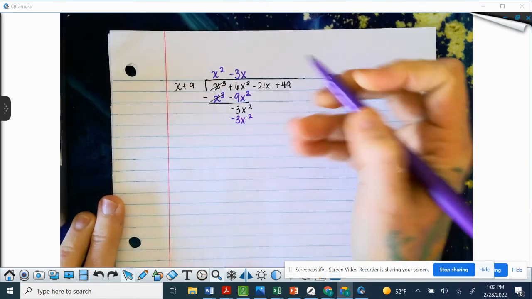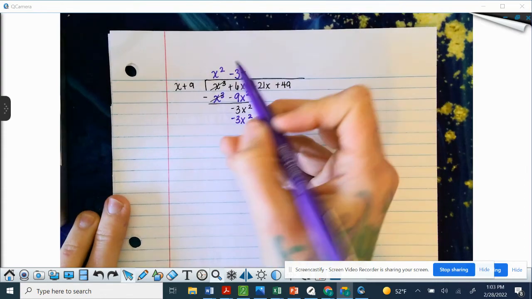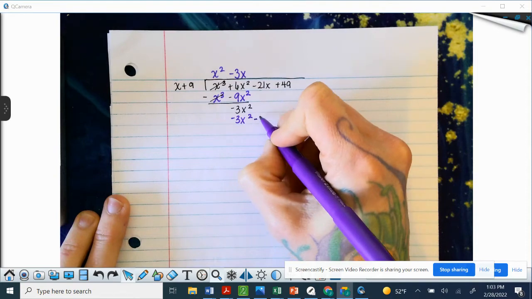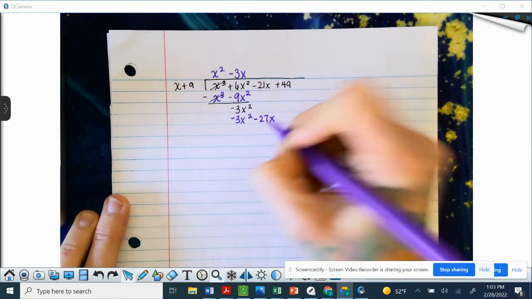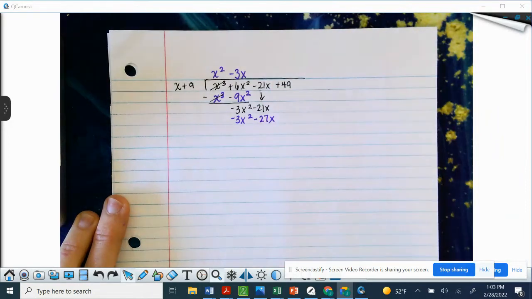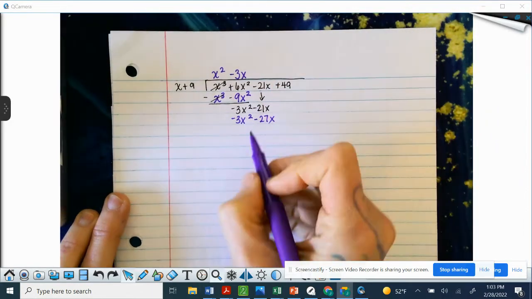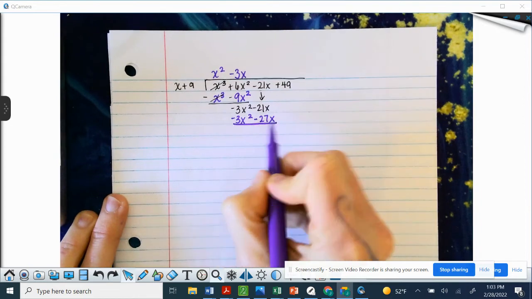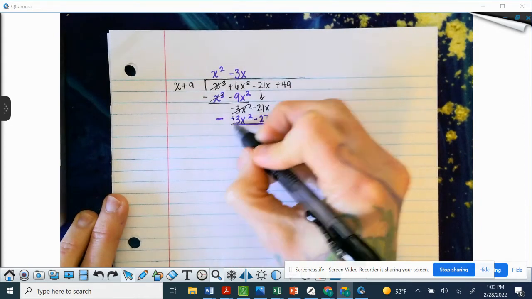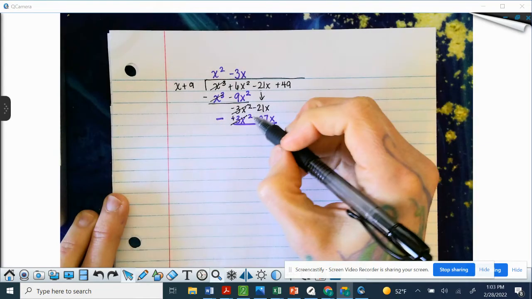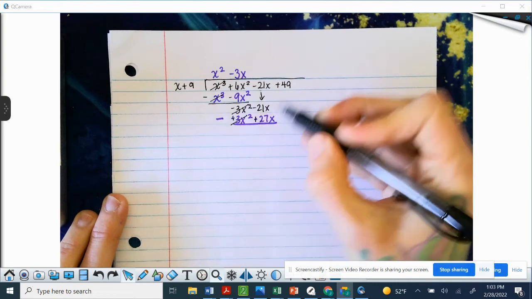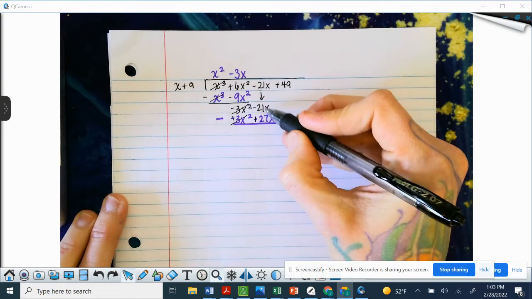Then multiply that by the 9 as well. So negative 3 times 9 gives me a negative 27x. And I'm sorry, I left this part out. Bring this guy down to make your life easier. The next one down. And then we're going to just subtract straight down. That turns that into a positive, so these guys are going to go away. This is going to become a positive as well, because again, you're distributing that negative all the way through. And then negative 21 plus 27 gives us 6x.